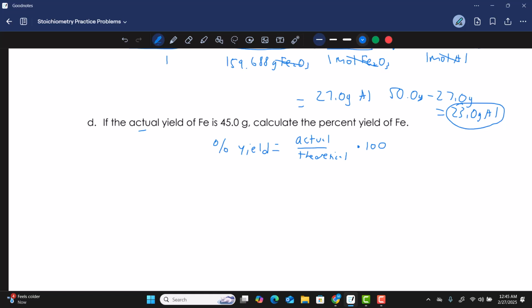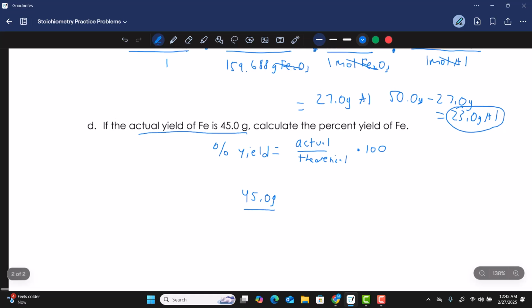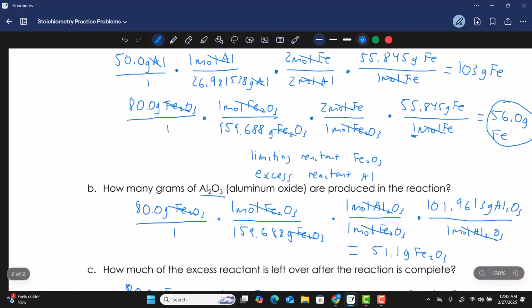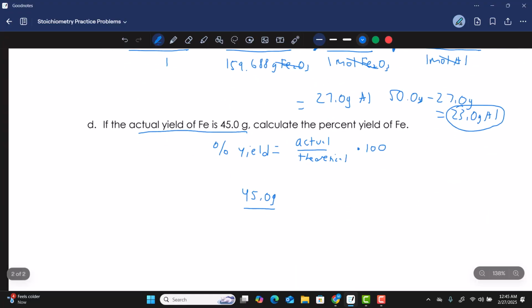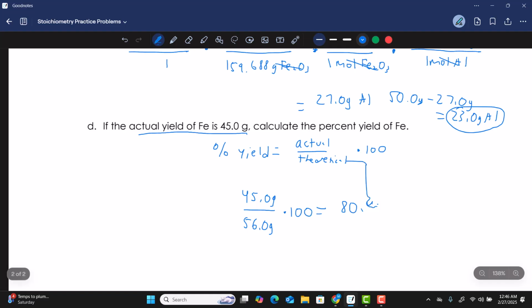So we would have the actual, which is given to us, which is 45.0 grams of Fe, over the theoretical yield of Fe, which we found here was 56.0, times 100, which would give us our percent yield, which is 80.4. Okay, 80.4%.